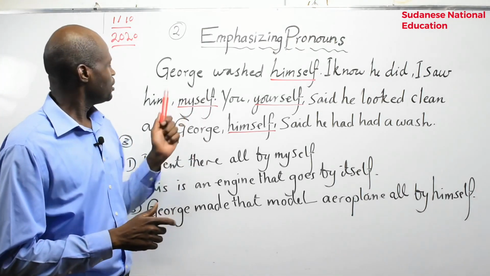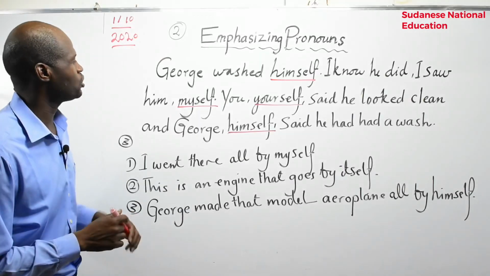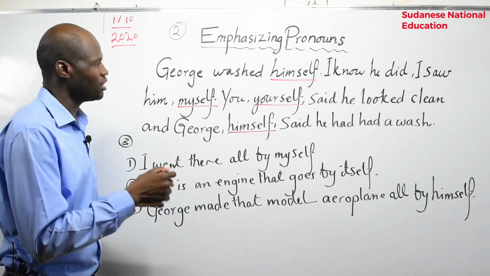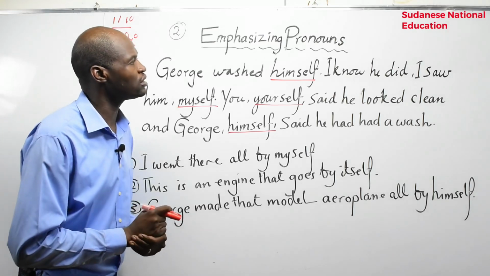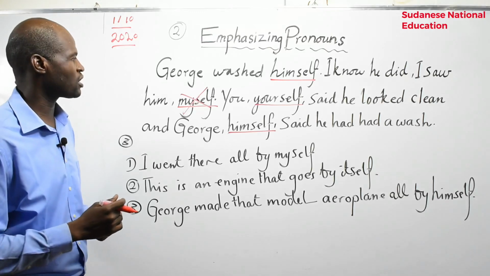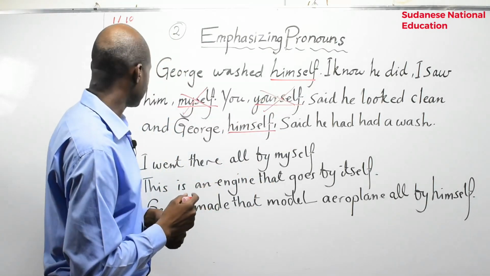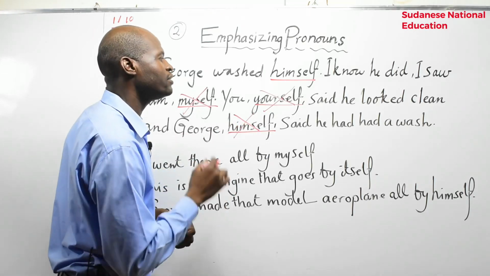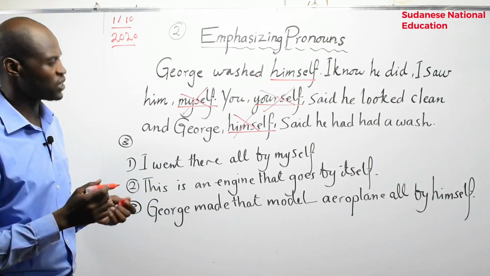But the others are different. Why? Because they can be missed out and still the sentence gives complete sense. If we say, "I know he did, I saw him," without mentioning myself, "You said he looked clean, and George said he had had a wash."